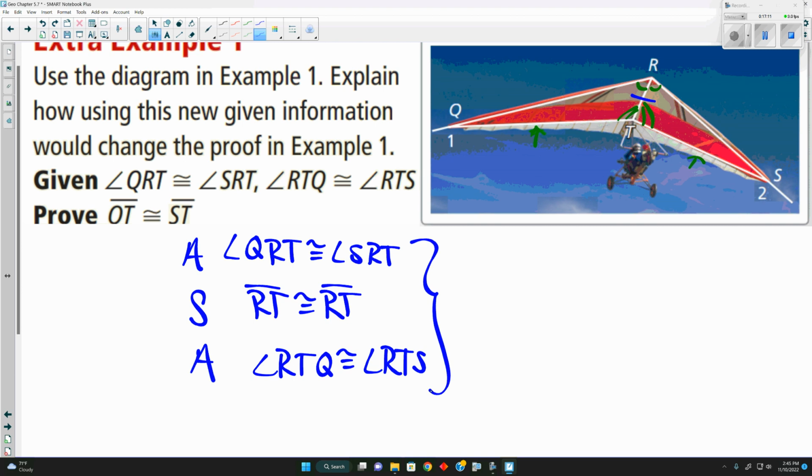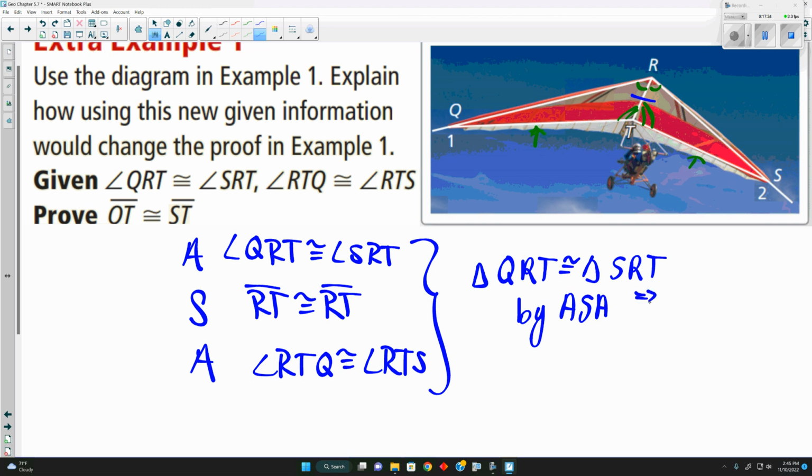So since we have this here, we can say that triangle what? QRT is congruent to SRT by? ASA. Angle, side, angle.